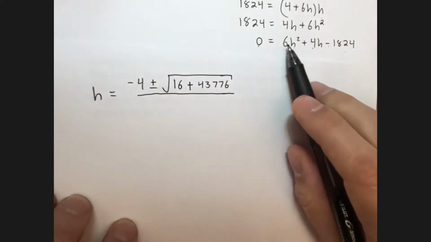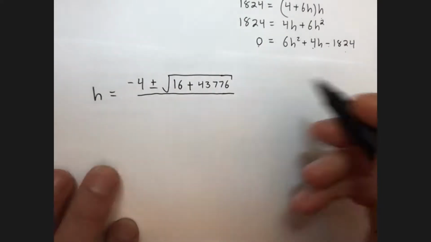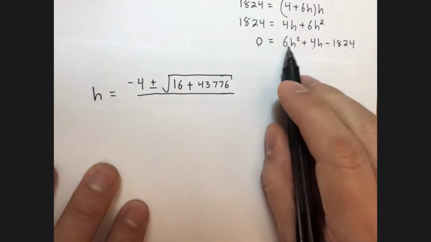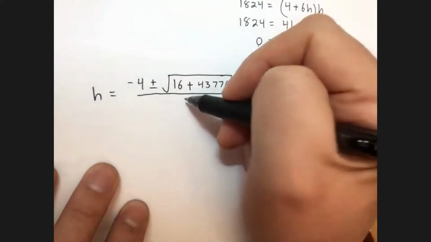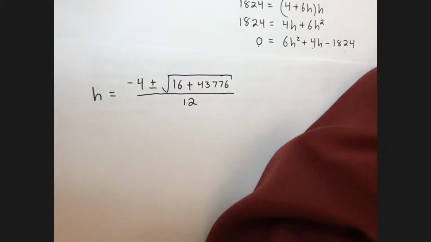Minus 4, 6 times negative, this makes a positive. Okay, divide by twice a. So 2 times 6, 12. All right, well, hopefully 43,776 plus 16 is not too bad. Let's see what we get. I'm going to add 16 to that.